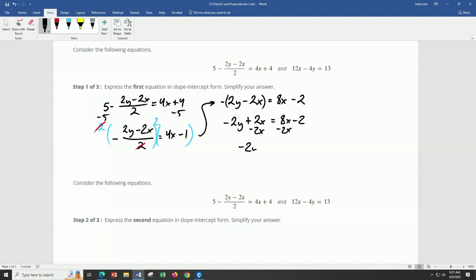And then I get negative 2y is equal to 6x minus 2. Divide off the negative 2. And we get y is equal to negative 3x plus 1. That's a lot nicer looking.